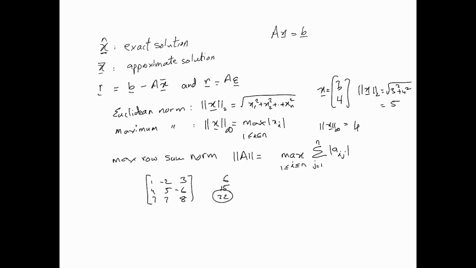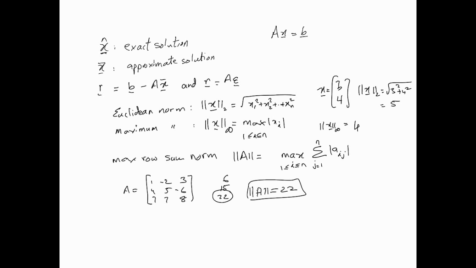So what's the largest number here? 22. So if this was A, then the norm of A, or the maximum row sum norm of A, is actually 22. This is just an example to quickly demonstrate how this works. The maximum row sum norm is also now defined.